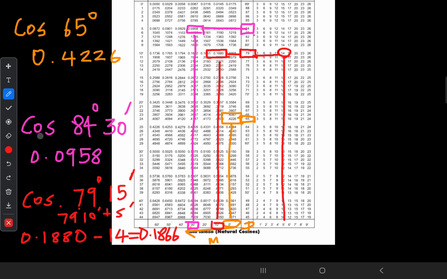But in cosine cases we cannot add the corresponding table value. So from the main table value, 79 degrees 10 minutes, 0.1880, you should subtract the fifth mean difference in the same row, 14. When you subtract, you will have the correct answer for cos 79 degrees 15 minutes as 0.1866.